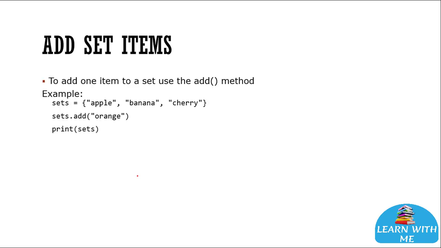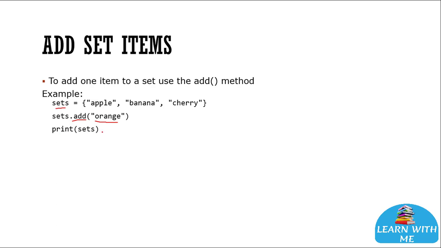Add set items. There are two methods to add elements in a set. One is the add method. We have a variable sets which holds apple, banana, cherry. Now we are using the add method to add orange in that set.